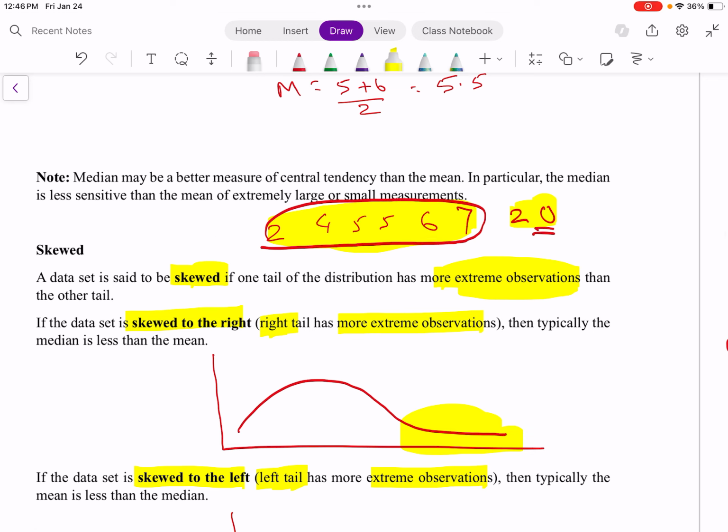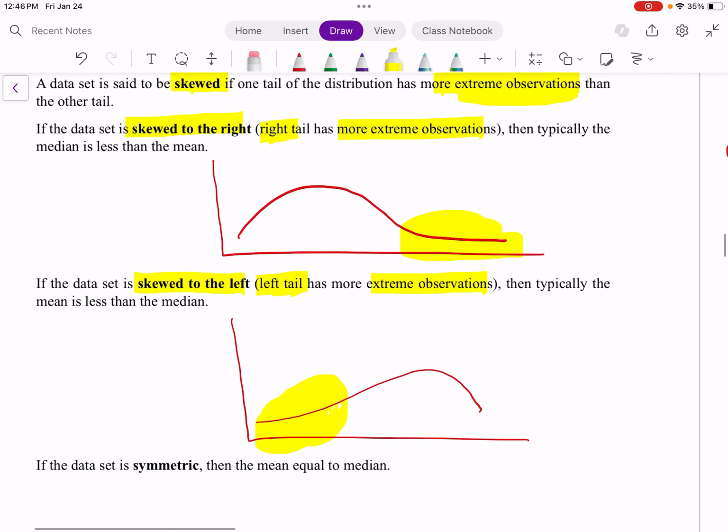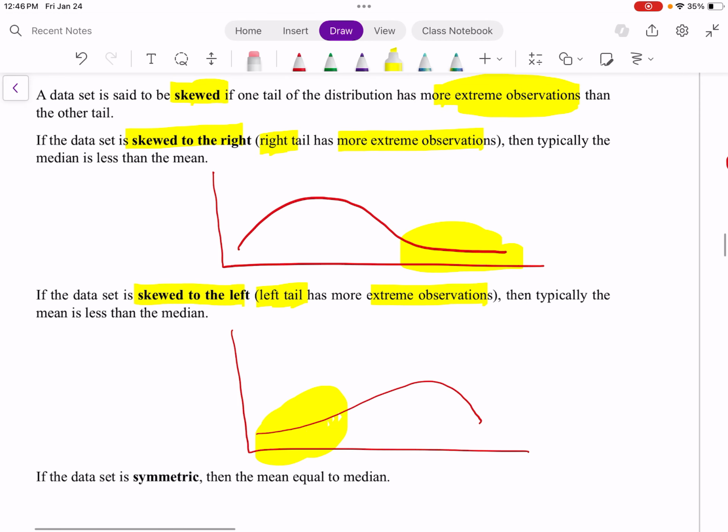Now, is this data set skewed to the right or skewed to the left? To the right, okay, because we have 20. Now, if you get rid of 20 and we had -10, this data set would be skewed to the left, okay? If we have extremely small measurements, that is skewed to the left, and if we have extremely large measurements, it is skewed to the right.